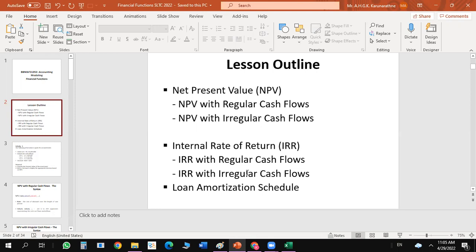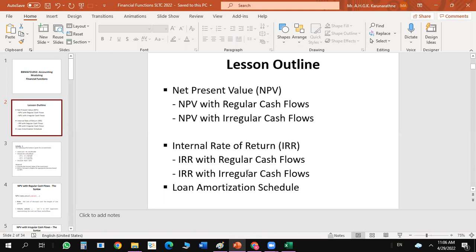When it comes to evaluating the viability or the feasibility of a project, there are different aspects to be considered. If you are going to invest in a big project, let's say a power plant project, there are a lot of feasibility studies you are supposed to perform.